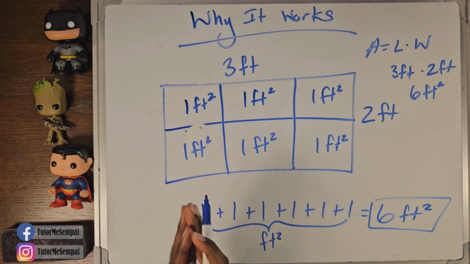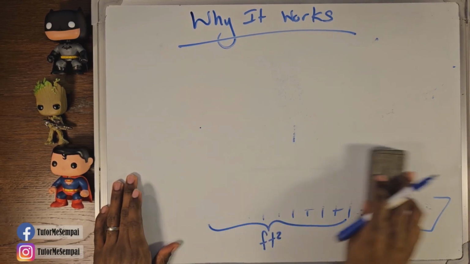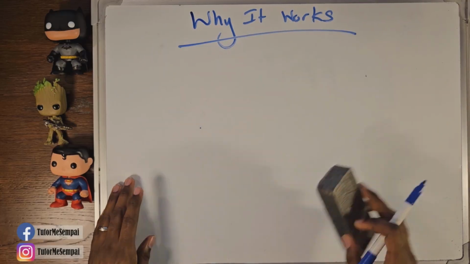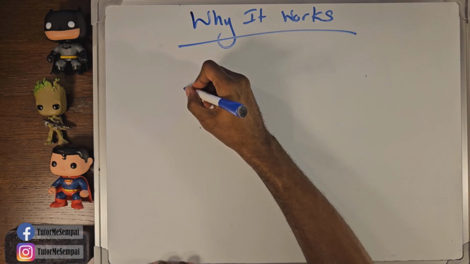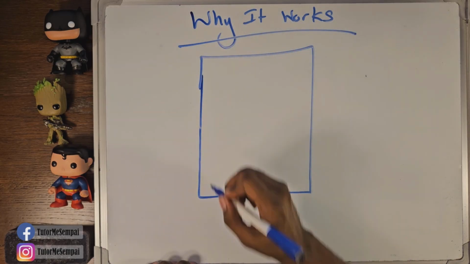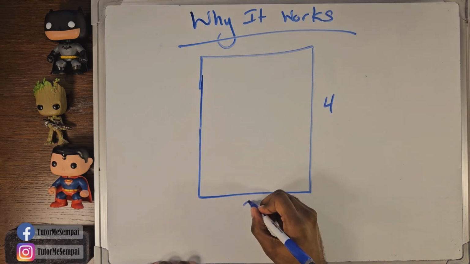Let's look at this again for another example. Let's say instead of having just 3 by 2, we had something a little bit bigger. Let's say it was a 4 by 3. So we want it to look a little bit like this. It was a 4 by 3, so 4, 3.